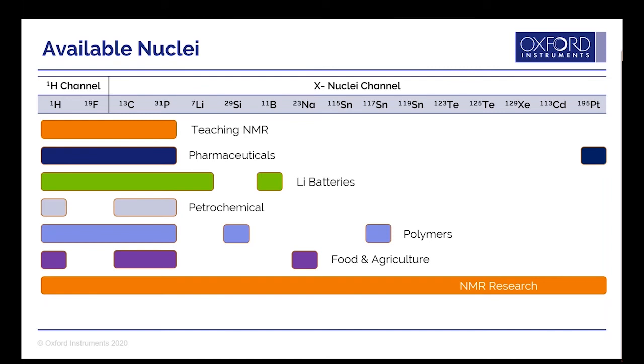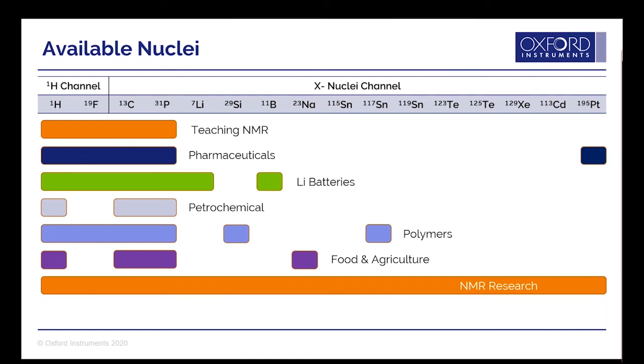But these X nuclei then become particularly interesting for certain industrial applications. So pharmaceuticals, you may use your normal teaching set, but also consider looking at platinum NMR for therapeutics, or maybe lithium batteries where you might use your proton and carbon, but also the compounds that they use there, where you're dissolving your lithium containing compounds in organic solvent, things like lithium tetrafluoroborate or lithium hexafluorophosphate.